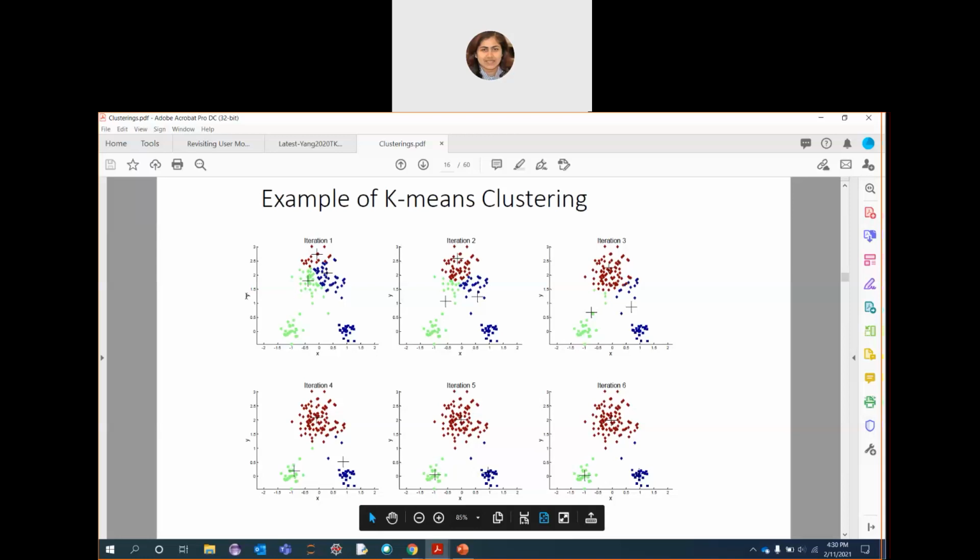The initial centroids are always chosen randomly. If you are asked to perform a k-means operation on a data set, you should be given the centroid points, or else you can assume them yourself. And the centroid is typically the mean of all the points available in the cluster.